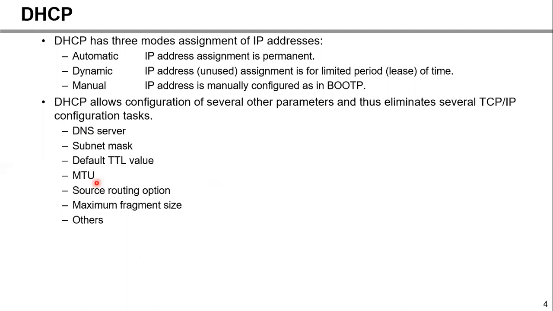Whenever you are assigning any IP address, you put some limit on that particular client, how much data you can transfer at a time. So that is maximum transfer unit. Then source routing option, what are the routing options you can have at the network layer and all these things. So these are some of the parameters which the DHCP server assigns to the client.